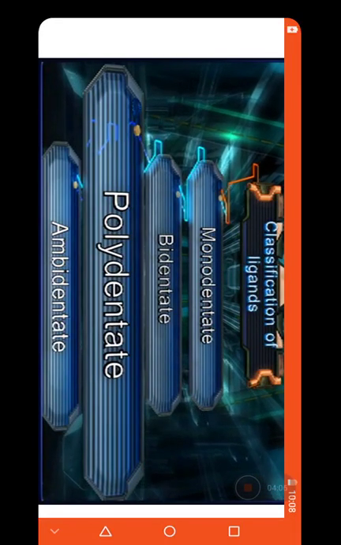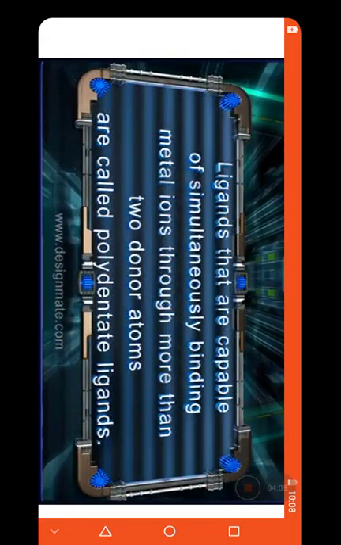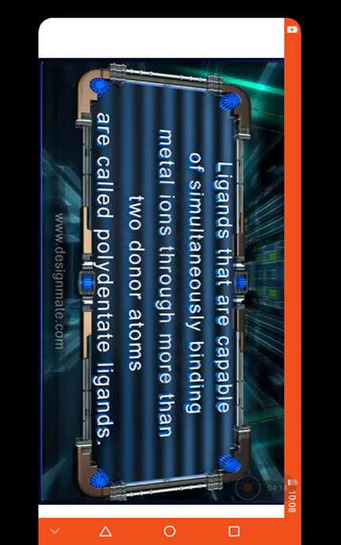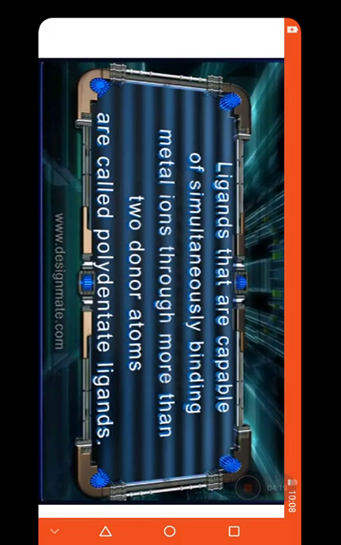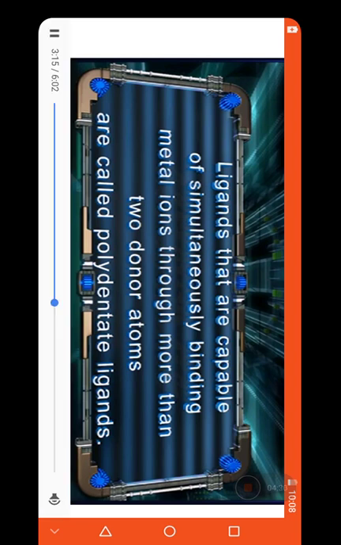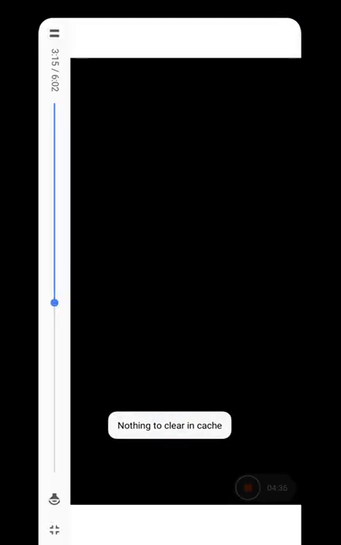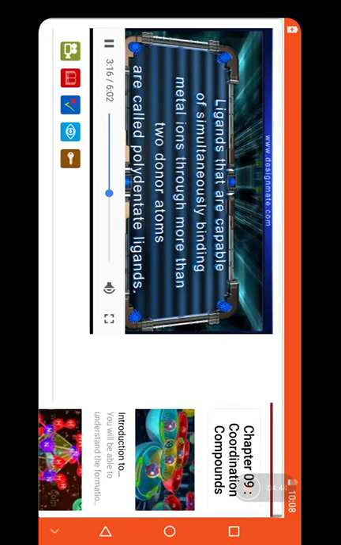Polydentate ligands. Ligands that are capable of simultaneously binding metal ions through more than 2 donor atoms are called polydentate ligands.